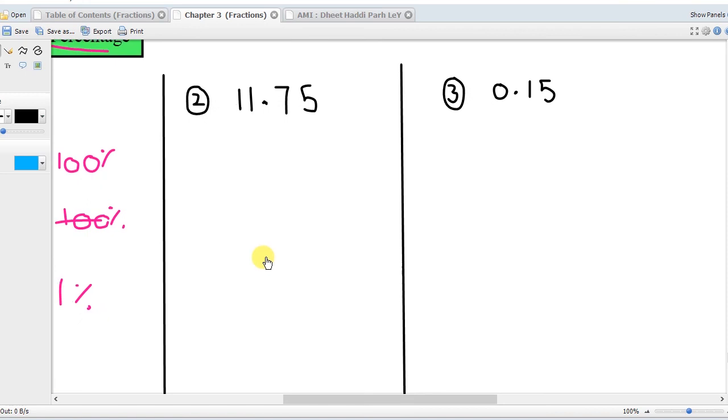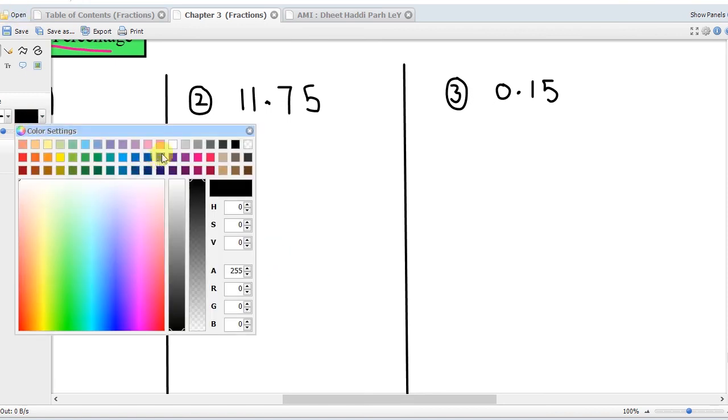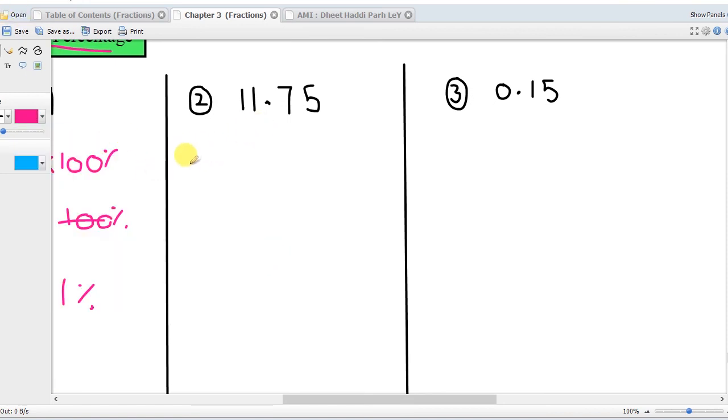So moving on to the second question. This is 11.75, and we have to convert it into the percentage. So simply multiply it by 100%, and since this is a decimal, remove this decimal point.